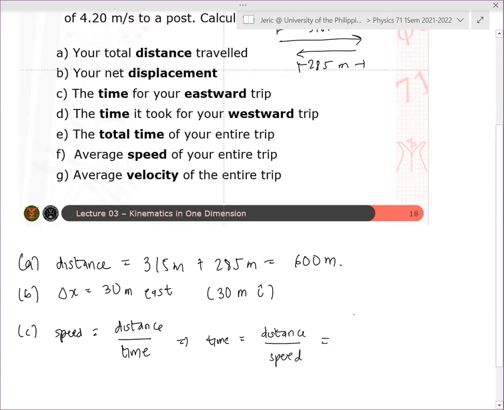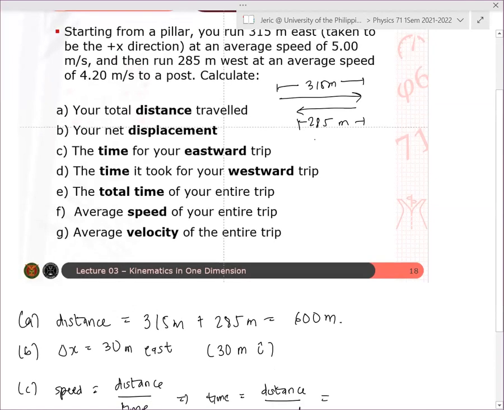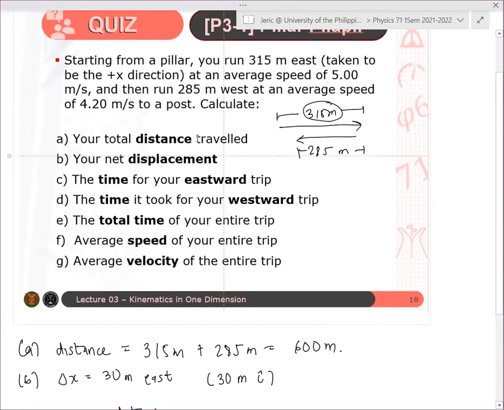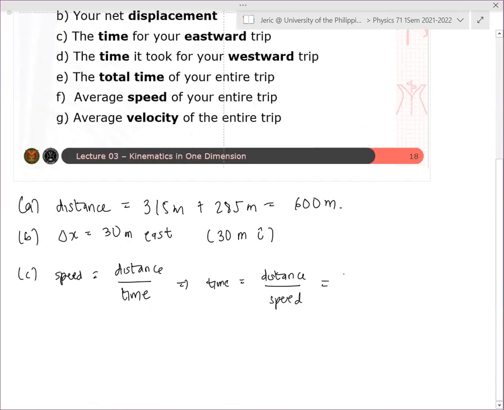So initially I have 315 meters, and you just divide it by your speed, which in this problem is 5 meters per second. So you have 315 meters divided by 5.00 meters per second, and you get something like 63.0 seconds. Nakuha? Yes, sir. Yes, tama.